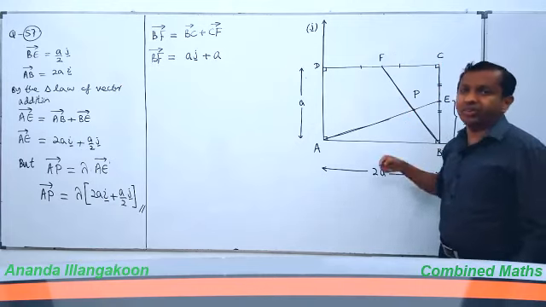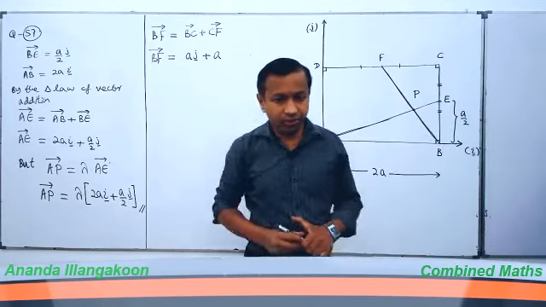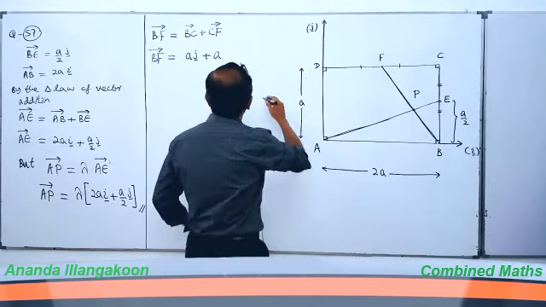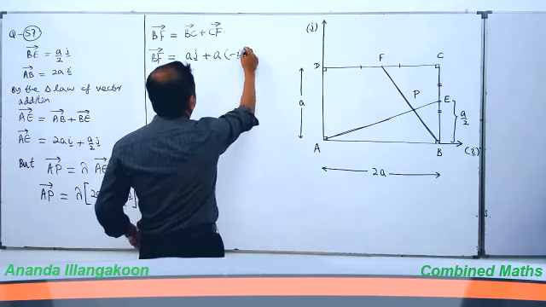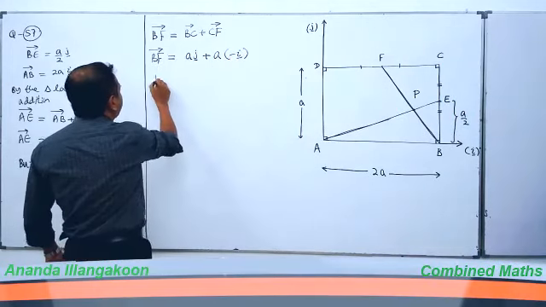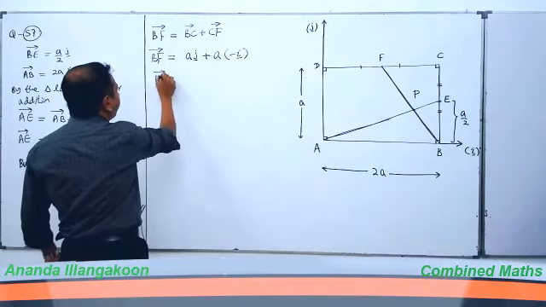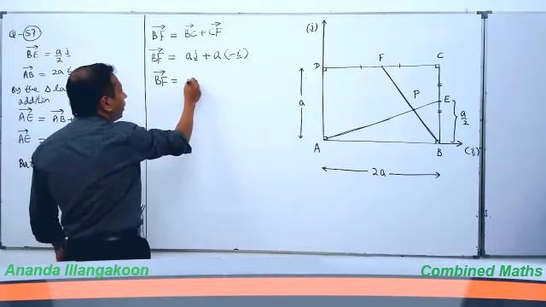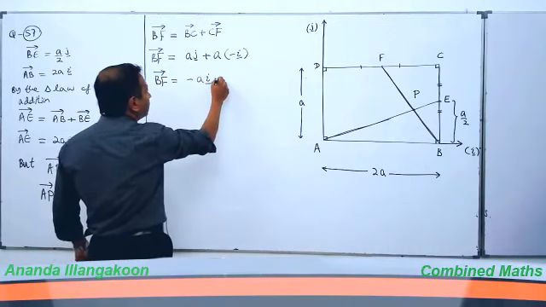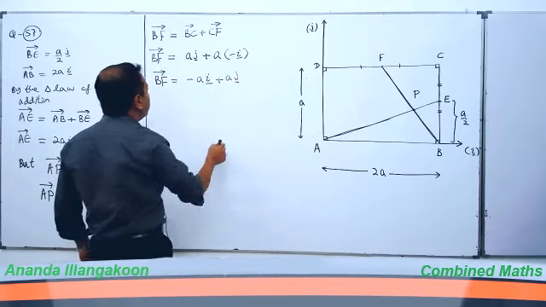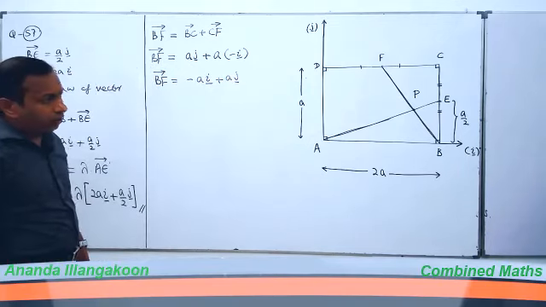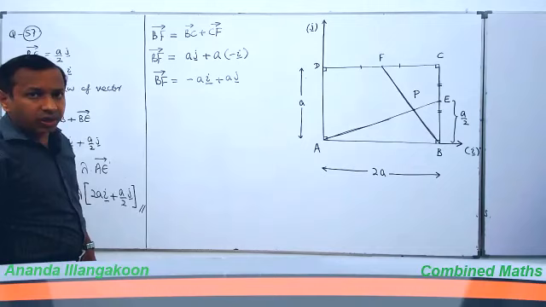Then in the opposite direction, minus i. Right? Minus i. Okay? Now you can write BF vector, people, as minus a times i plus a times j. BF vector.